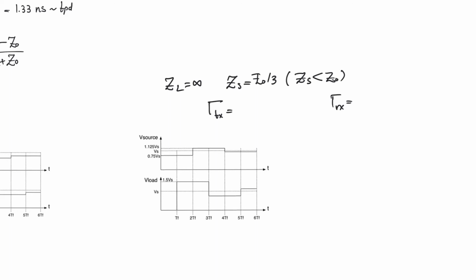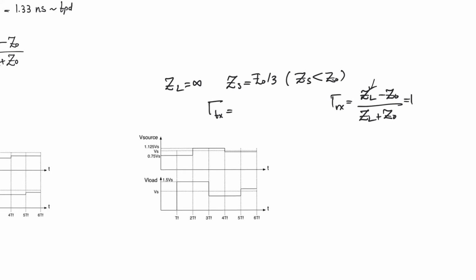So at the load, the reflection coefficient is ZL minus Z naught over ZL plus Z naught. Because ZL is infinite, this is going to be equal to 1, regardless of the value of Z naught, and regardless of the value of RS, obviously.